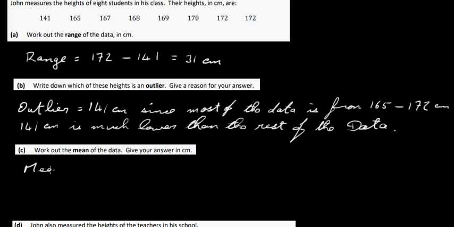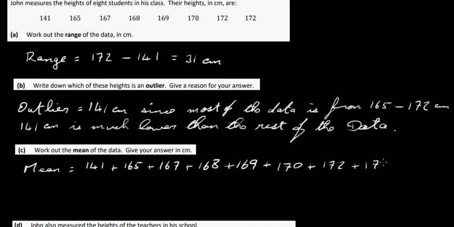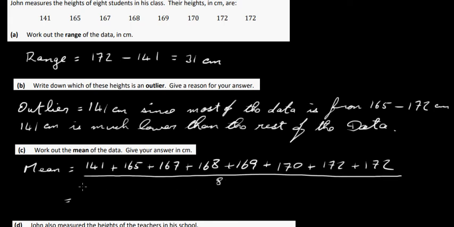So the mean is equal to 141 plus 165 plus 167 plus 168 plus 169 plus 170 plus 172 plus 172, all divided by 8. Now when you do that, you get 165.5 centimeters.